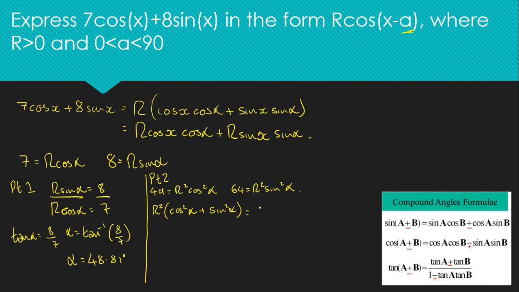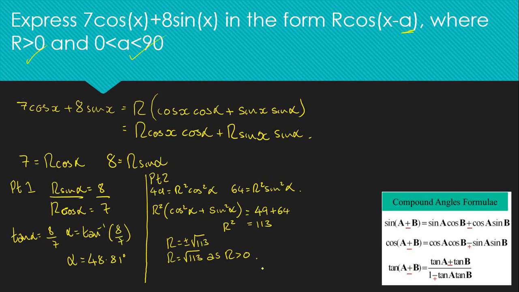The left hand sides are 49 plus 64, which is 113. This adds up to 1. We should know that from year 1. R² therefore equals 113. R equals plus or minus root 113. R equals positive root 113, as R is greater than 0, as specified up here.